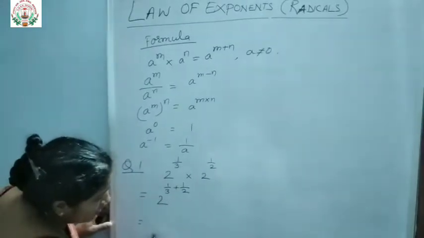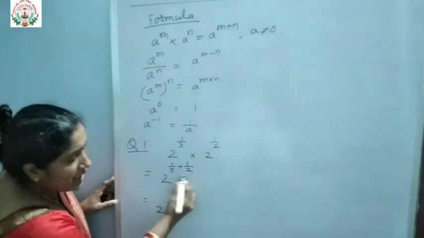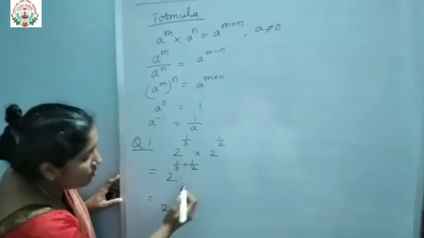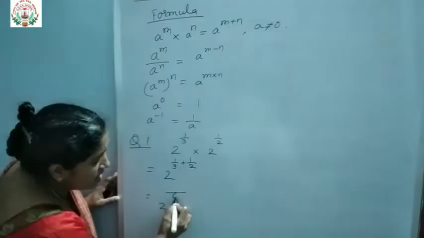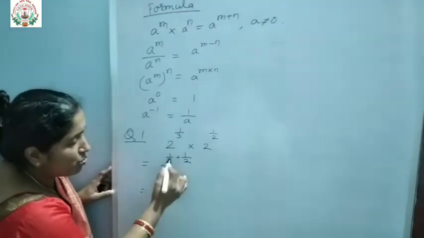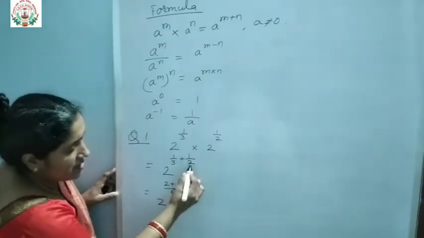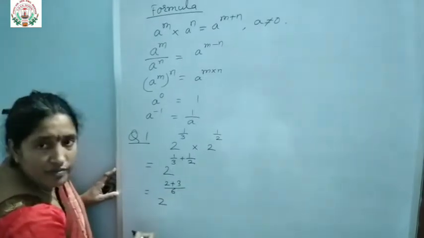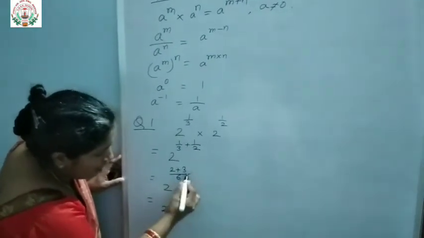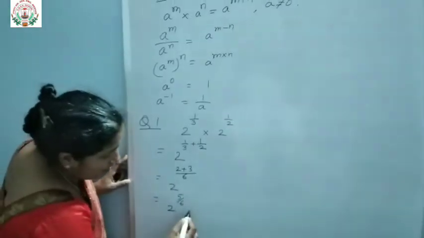Now take the LCM of the denominators 3 and 2, which is 6. 3 divided by 6 will be 2, so 2 ones are 2, plus here it will be 3. Base is 2, power will be 5 upon 6. So this will be the answer.